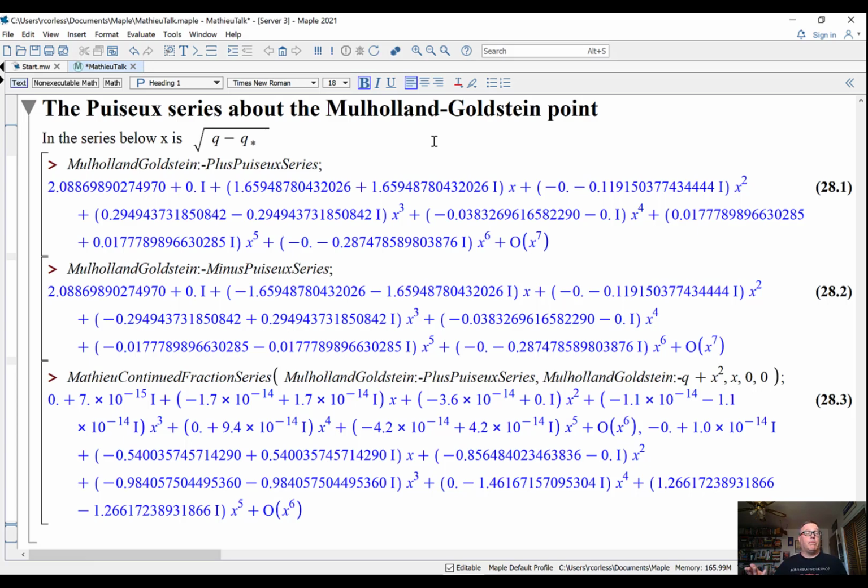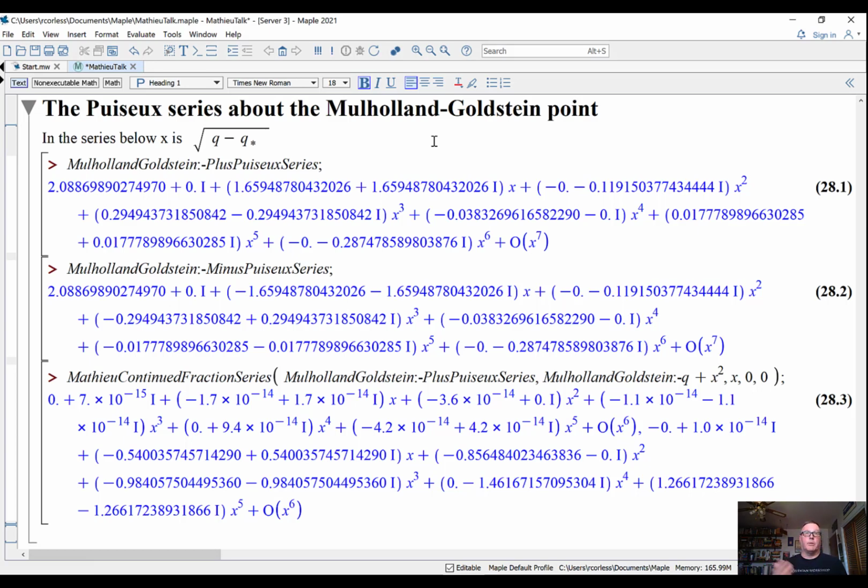I computed the Puiseux series for all of the Blanch and Clemm double points, which include the Mulholland-Goldstein one. So there's the series where you have a plus square root, and then you have a series where there's a minus square root in there.